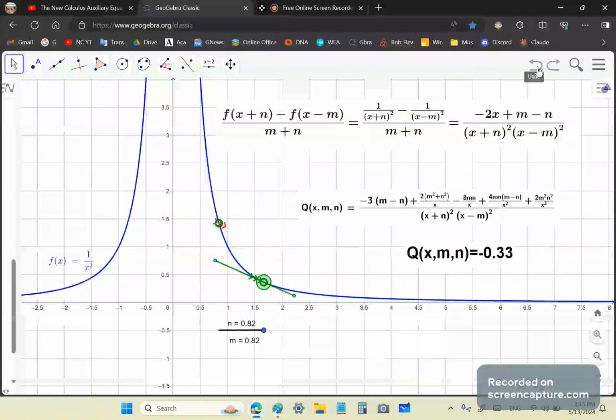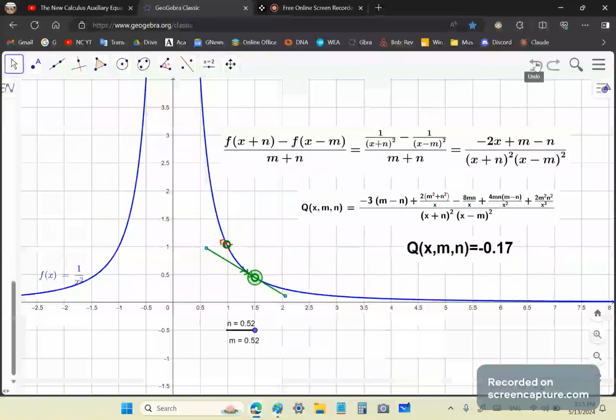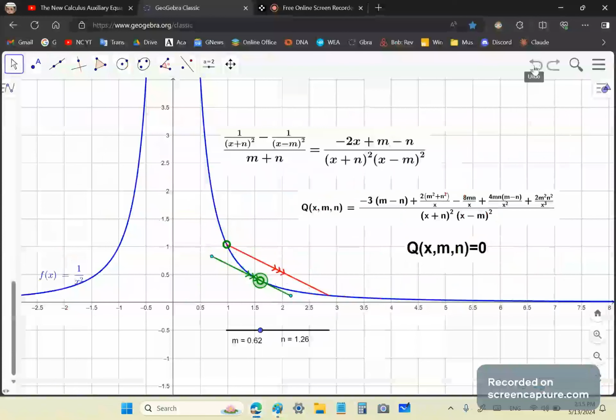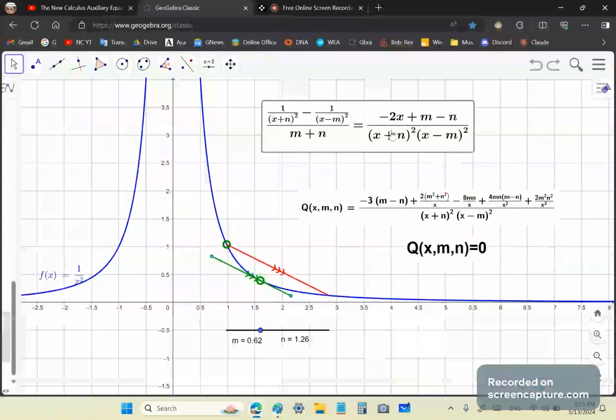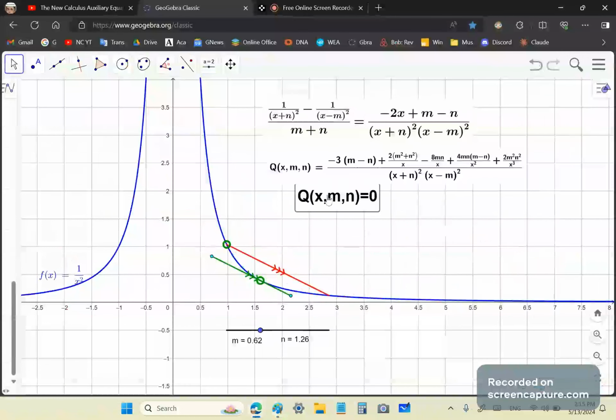Let's get back to where we were. Oops, there. So you've got to be very careful when you play around with GeoGebra. There you go again. That's a problem with GeoGebra, not a problem with my mathematics. The mathematics is 100% solid. And if you tried with another package, it should work just fine.